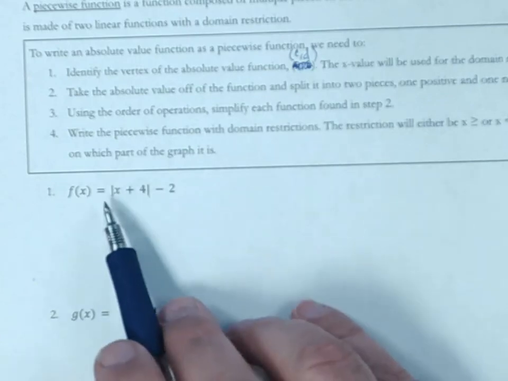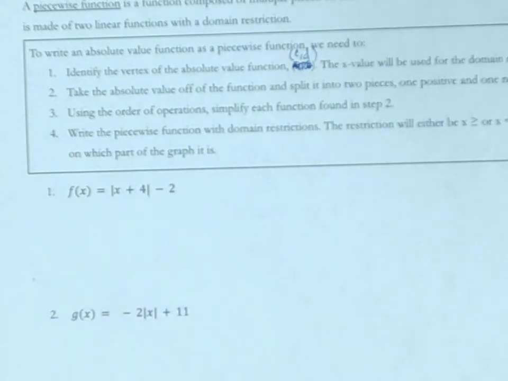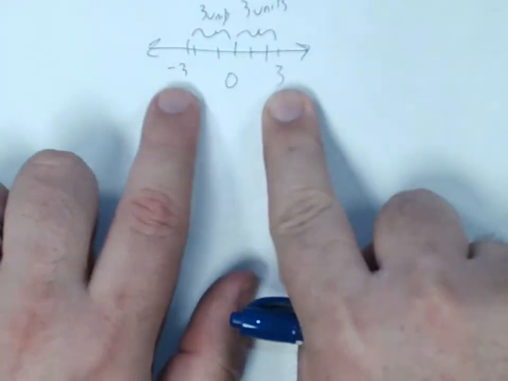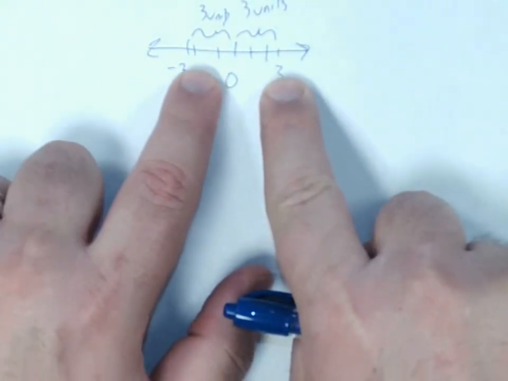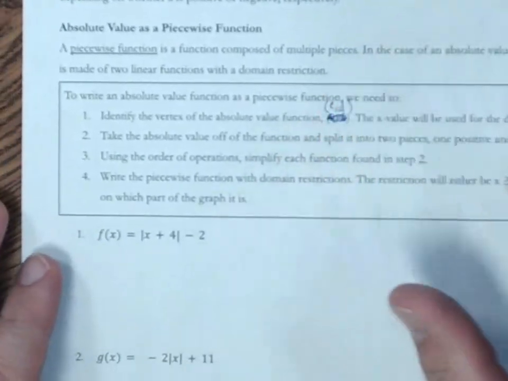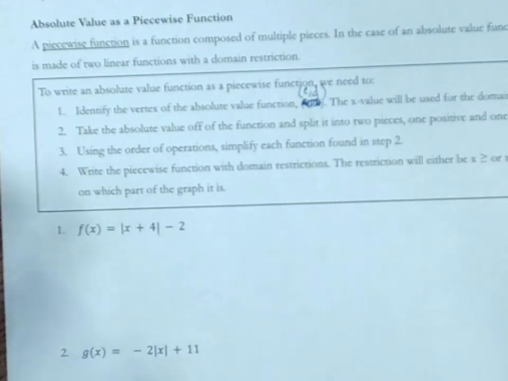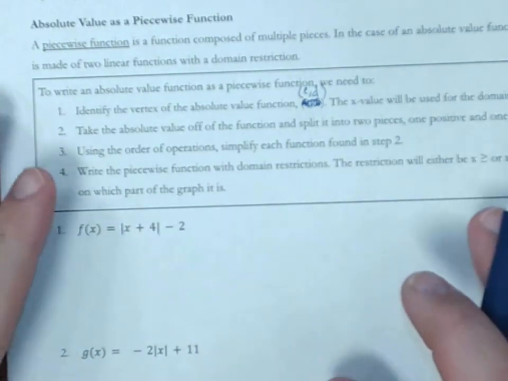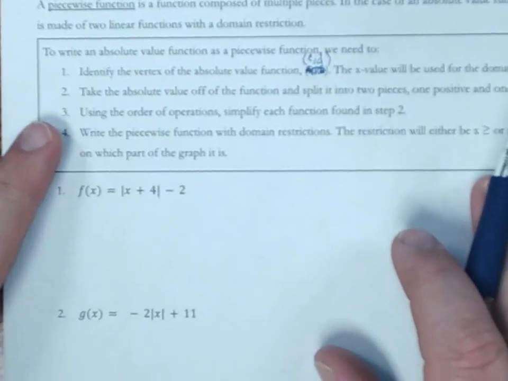The other one I will put a negative outside the parentheses. That gives me the positive and the negative values that have the same absolute value. So I do one positive, I do one negative, and then I will simplify a little bit, and I'll have my 2 equations. And then I need to make sure that I use the domain restrictions. So let's do a few of these, just so you can get a feel.